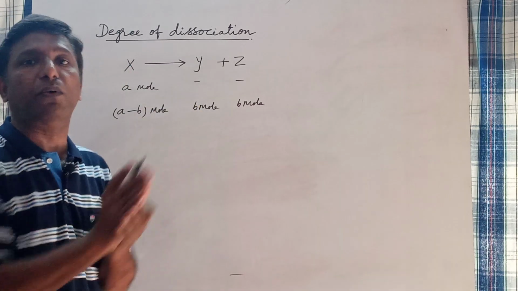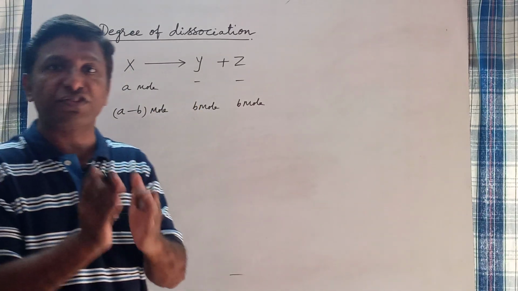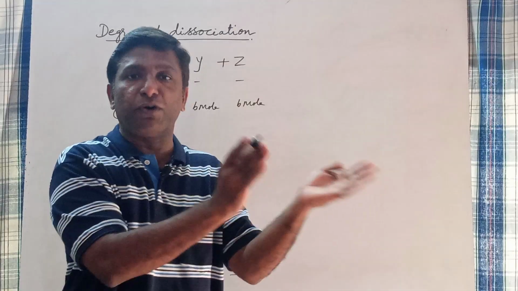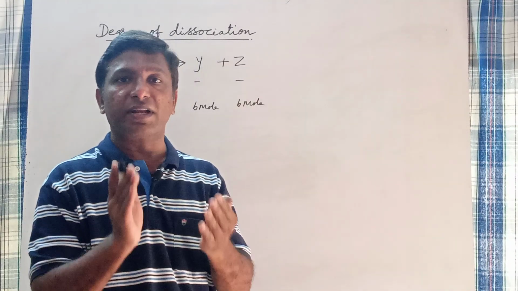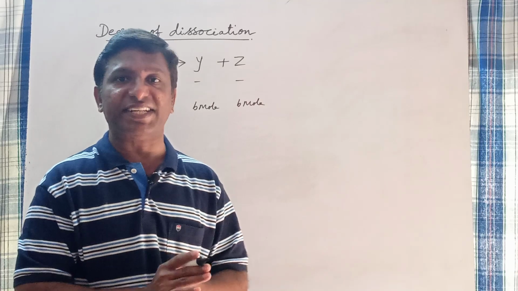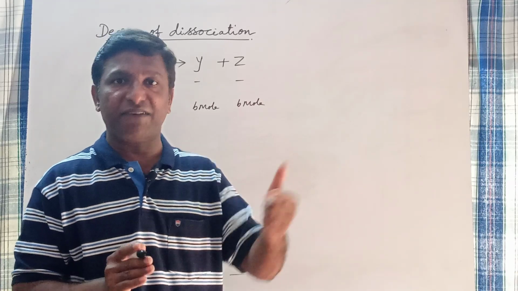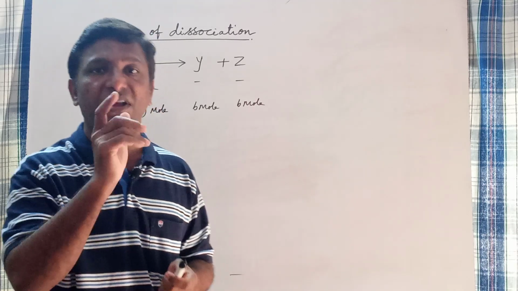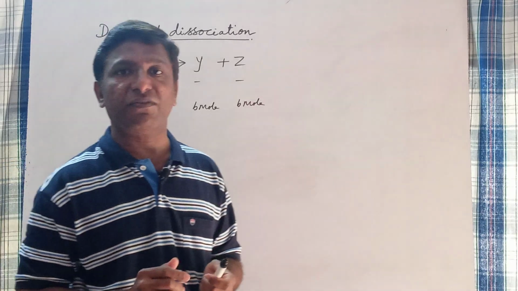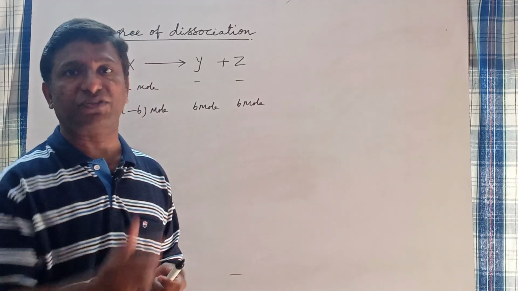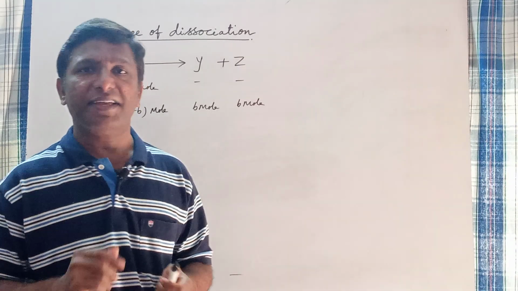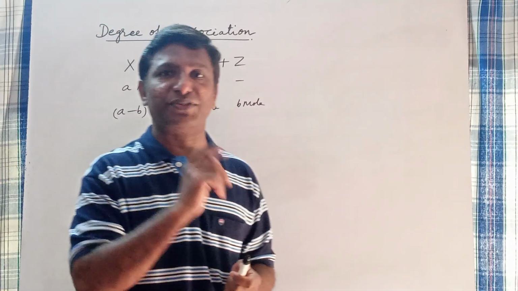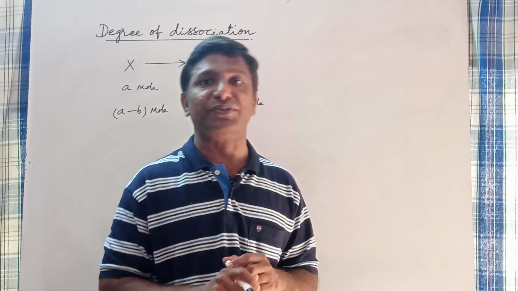Now the ratio of the number of moles of compound decomposed to the total number of moles of compound taken initially is called degree of dissociation or extent of dissociation. The fraction of total number of moles of compound decomposed at a certain temperature is called degree of dissociation.